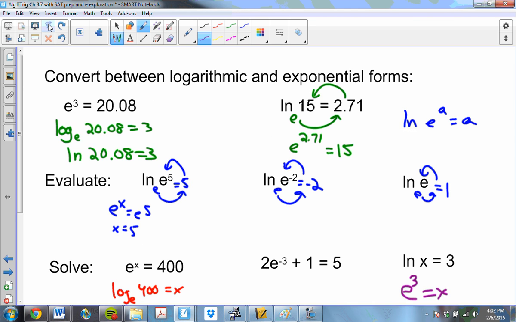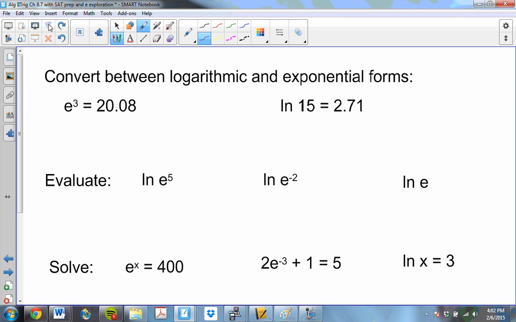So here's some simplifying that we can do. Everything that we do with E is just like everything else we've done with logs. Nothing changes. To convert this into log form, right now this is in exponential form. To convert to log form, I would do log base E of 20.08 equals 3, but we actually just call that ln.